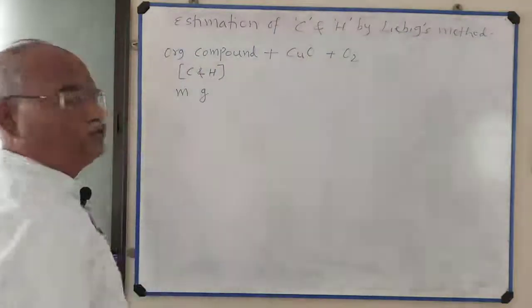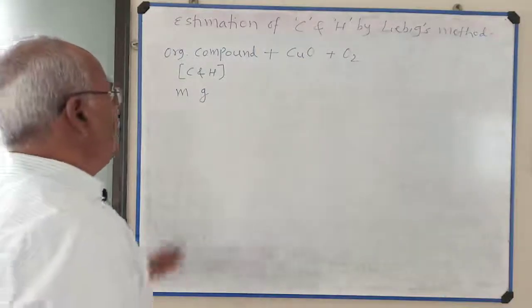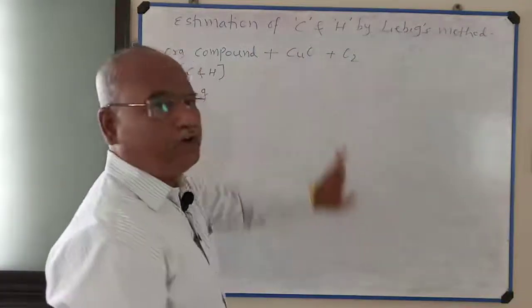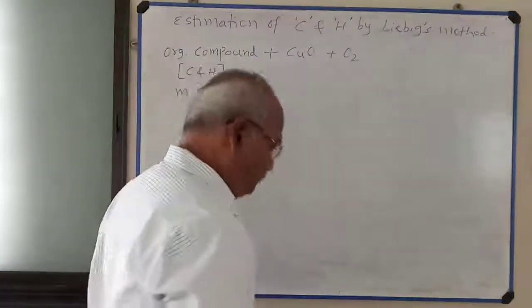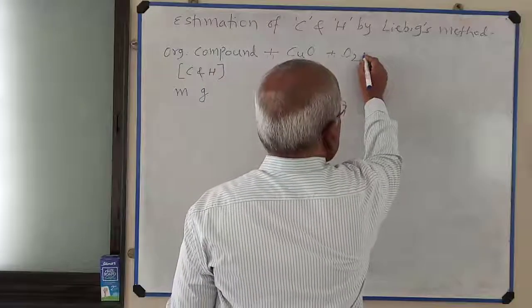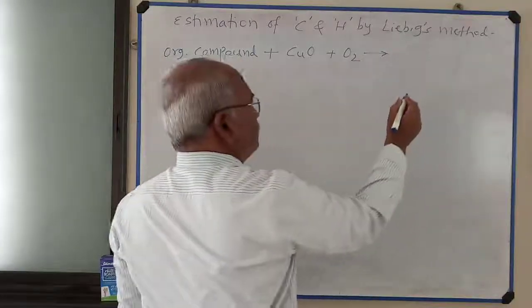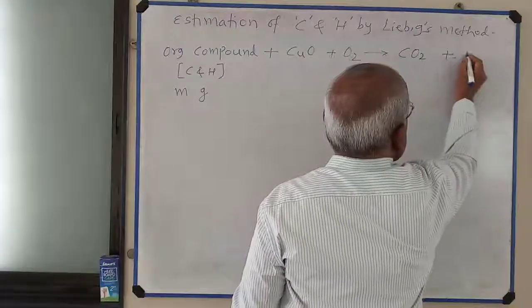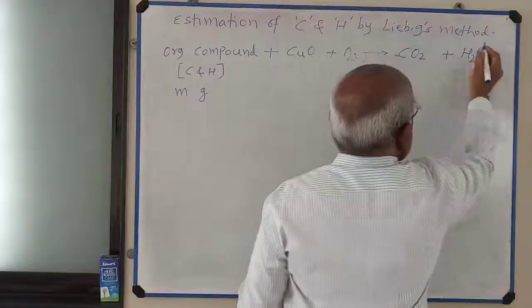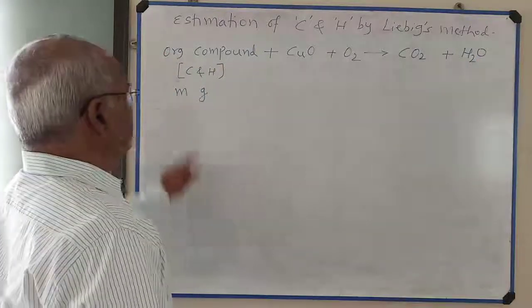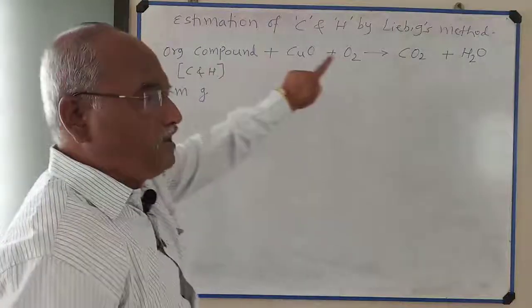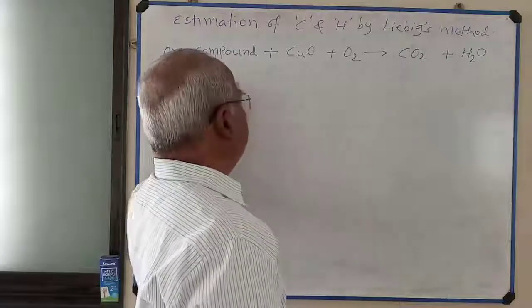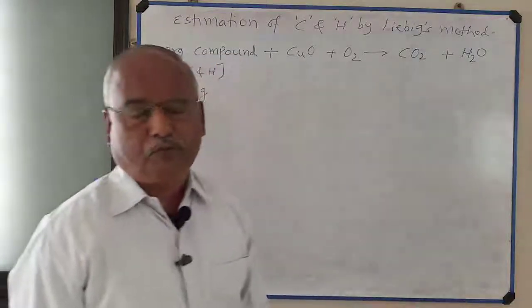CuO is cupric oxide. Organic compound on heating with cupric oxide in presence of oxygen, CO2 is formed and water is formed. Carbon is oxidized to CO2. Hydrogen is oxidized to water.